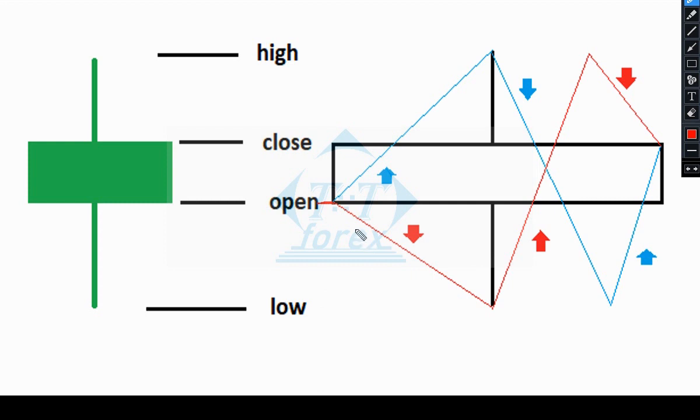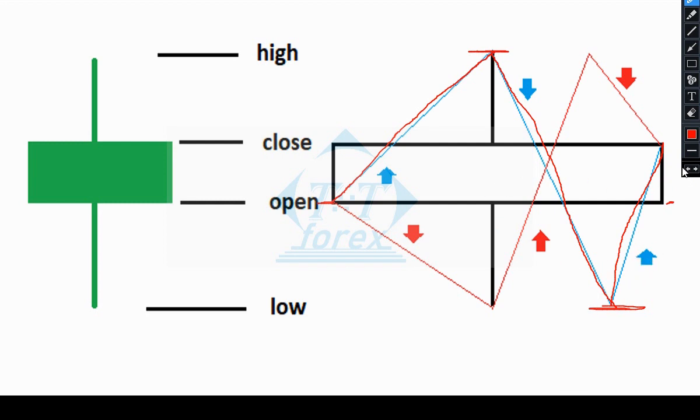So here we are. The market might have started by moving up, found some sort of resistance in here, and then went down there, found some support, then came back to close here much higher than the open. That's exactly what might have happened.